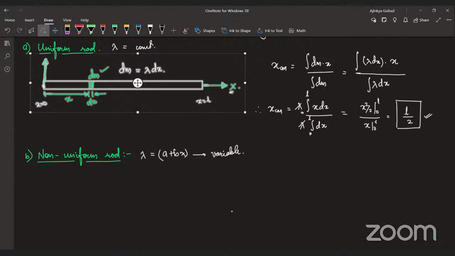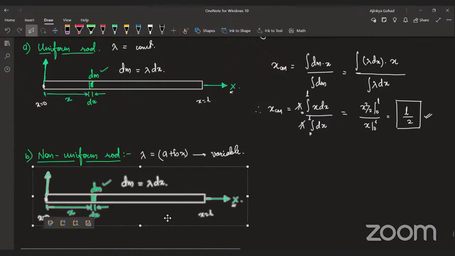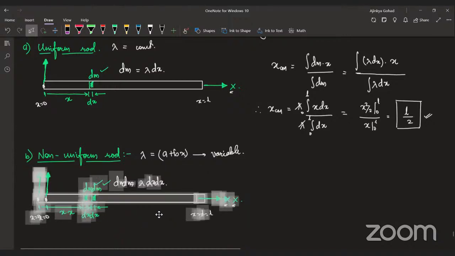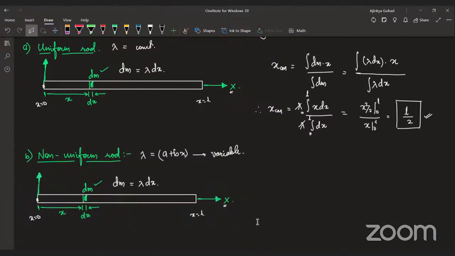So I can take this entire diagram here itself, because it is the same. So I can still go on and say the same things about the center of mass, that it is going to lie on the x-axis.